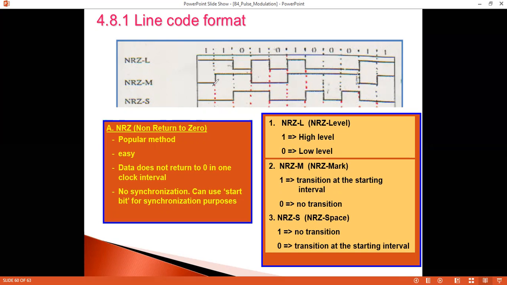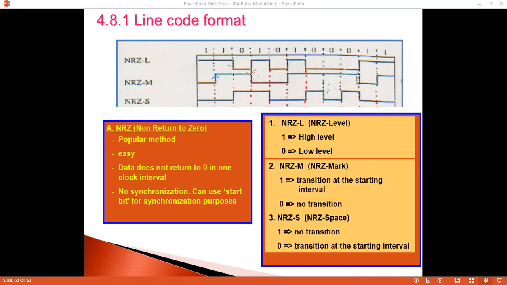Okay, NRZ-M, NRZ mark. If we have bit 1, there's a transition at the start of the interval, and for 0, no transition. Let's say we start with low. If you see bit 1, it transits at the start of the interval, from here to here.